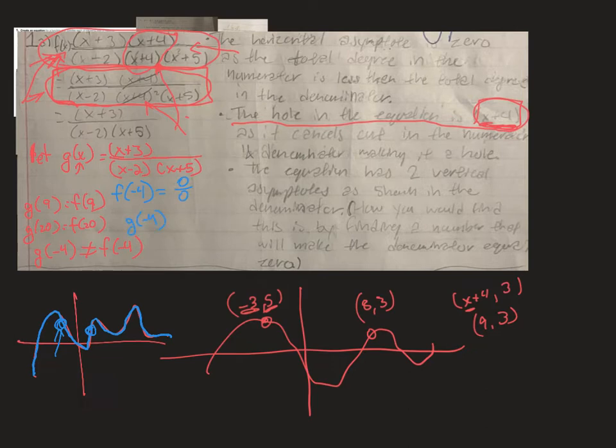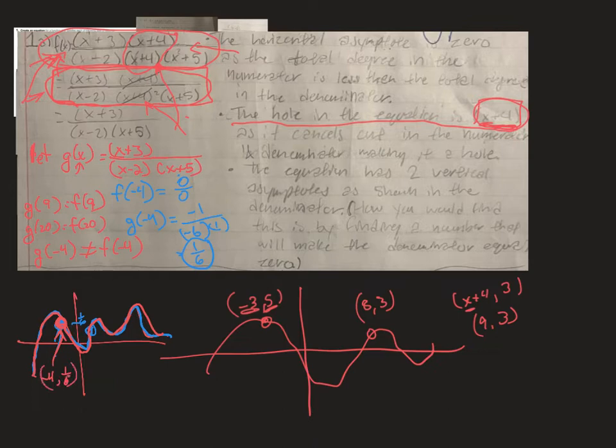If you find g of negative 4, negative 4 plus 3 is going to be equal to negative 1. Negative 4 minus 2 is negative 6. And negative 4 plus 5 is just 1. So this is equal to 1/6. So since g of negative 4 is equal to 1/6, well then f of negative 4 must go through everything except it has a hole right there, which means the hole is at negative 4 comma 1/6.